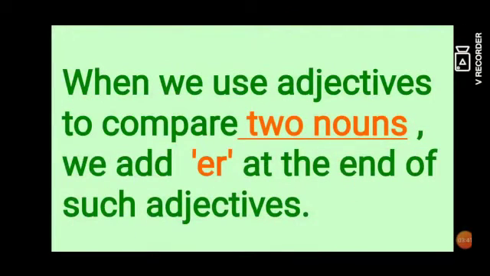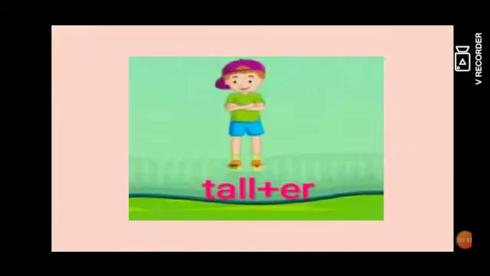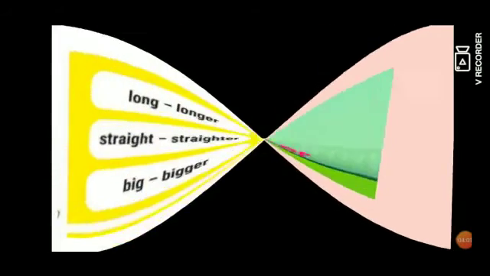When we use adjectives to compare two nouns, we add er at the end of such adjectives. For example, tall. Here we have added er to the adjective tall. Let's take more examples.